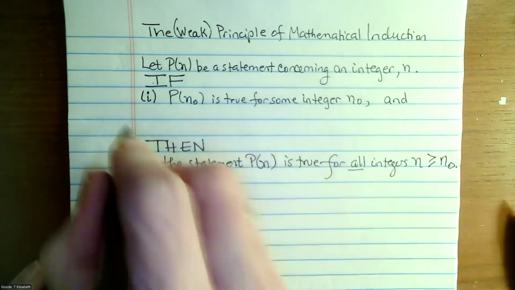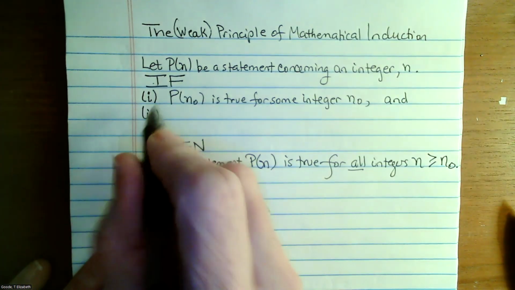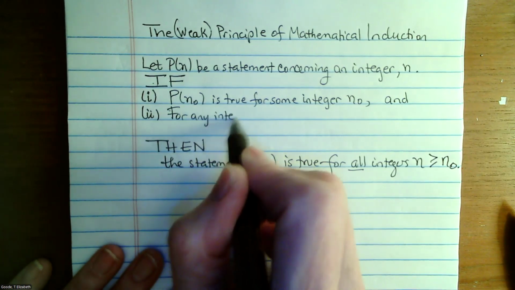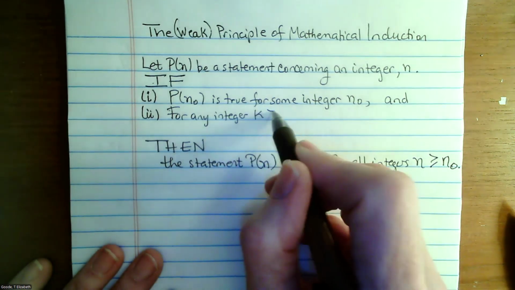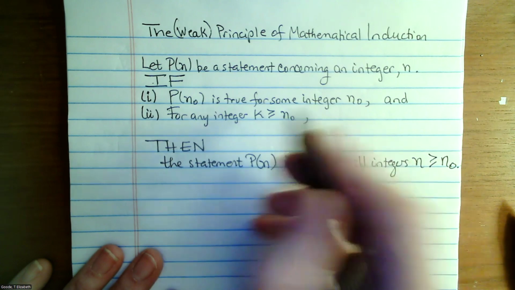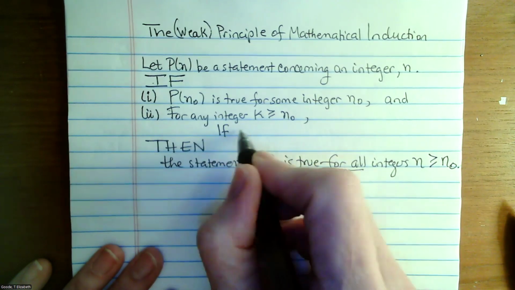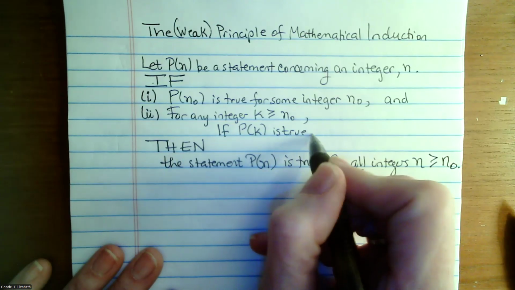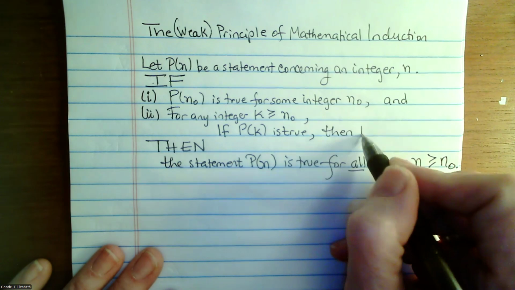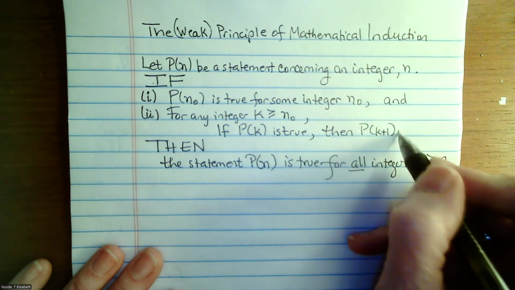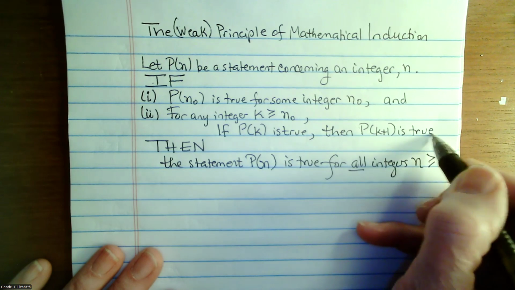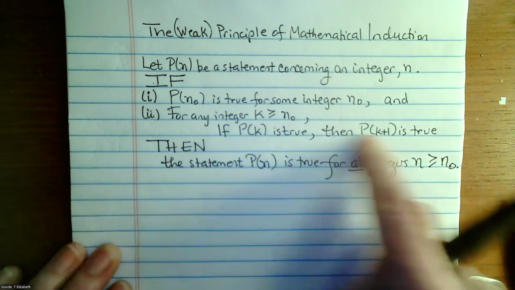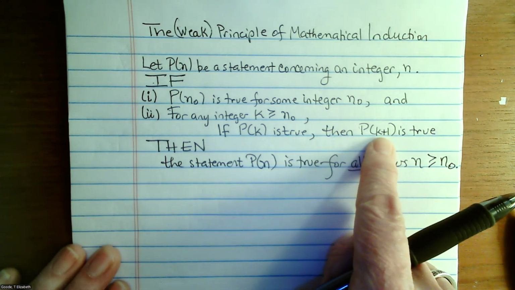And here comes part two: for any integer k greater than or equal to n naught, if P of k is true, then P of k plus 1 is true. This part is the part that says, if you can stand on step k, then you can show you can stand on step k plus 1.